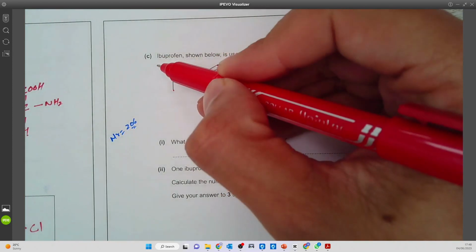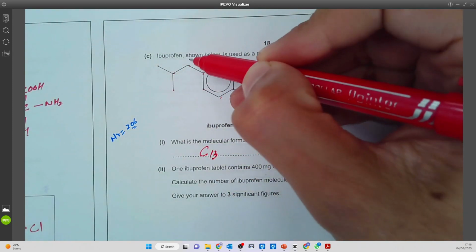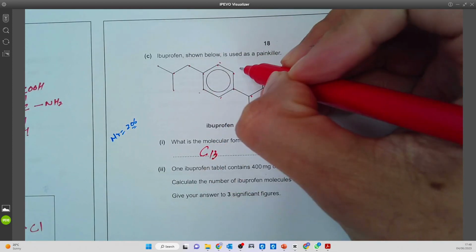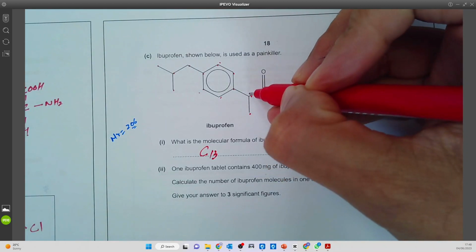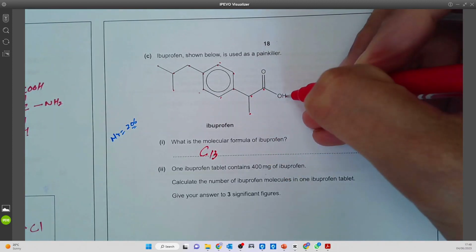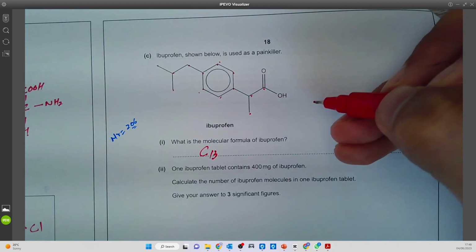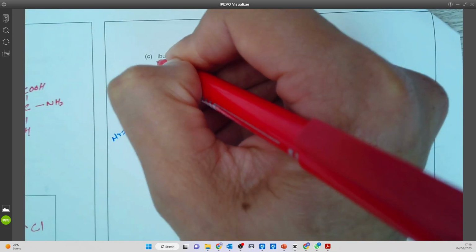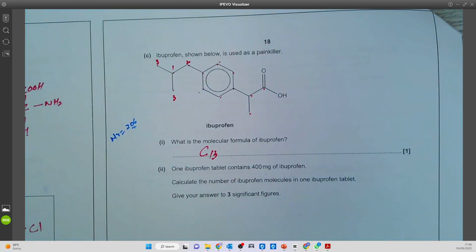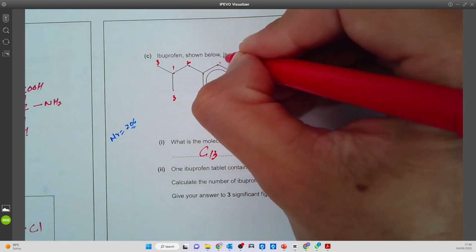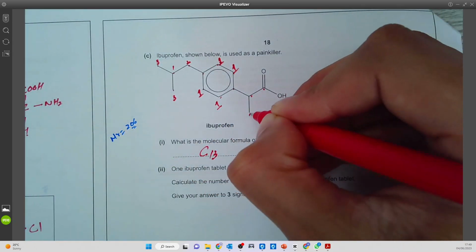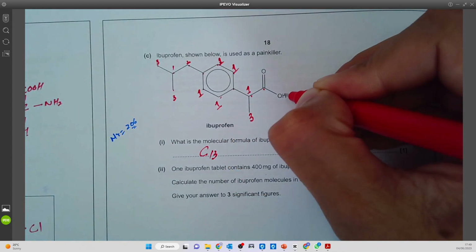How many hydrogens are there? 2, 4, 5, 6, 7, 8, 9, 10, 11, 12. Add 3, 15, and 1, 16. Did I miss something? Let me count again.